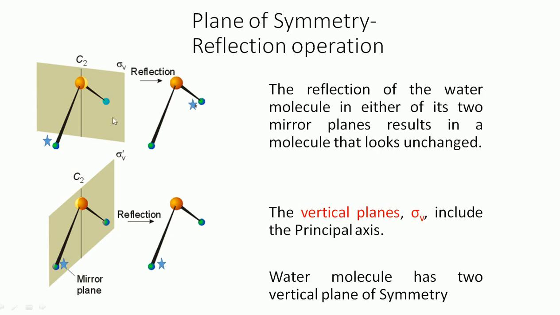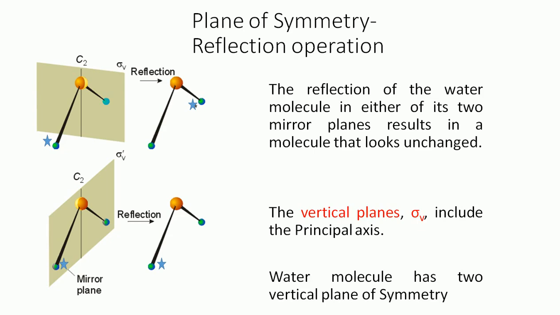You see here, this is a water molecule. Here we have taken a plane which is bisecting the molecule. So this plane is a plane of symmetry which bisects the HOH angle formed by the molecule and passes through the oxygen atom.